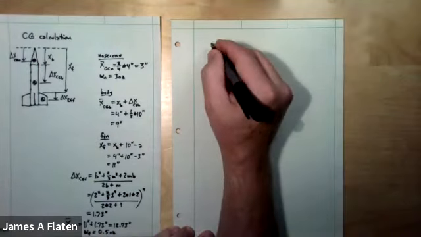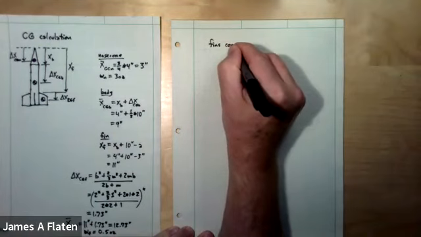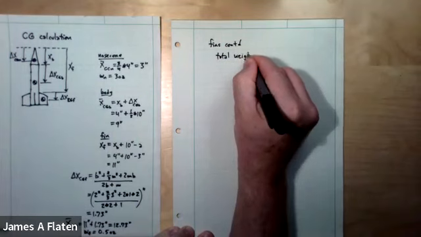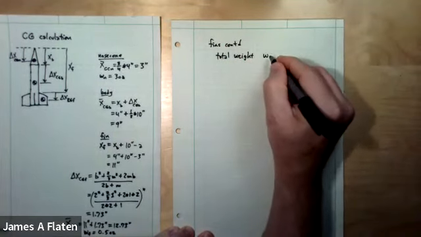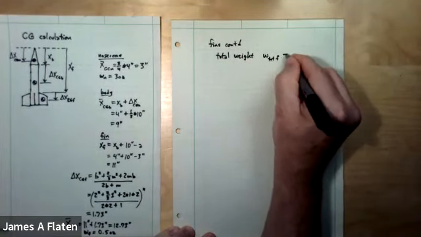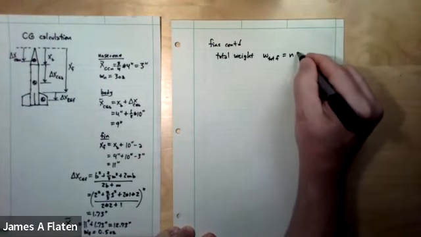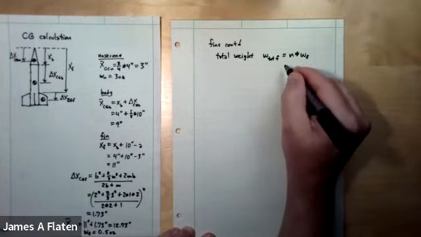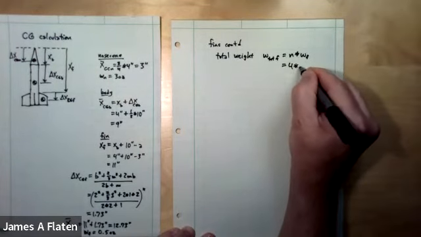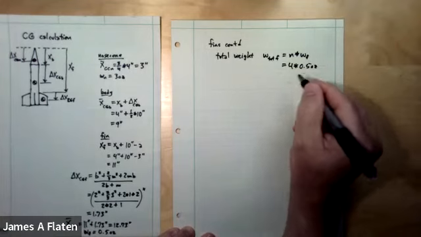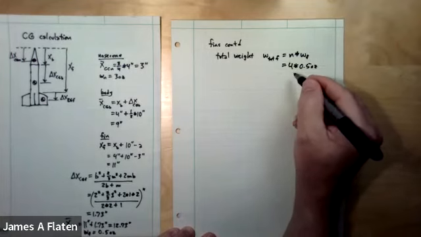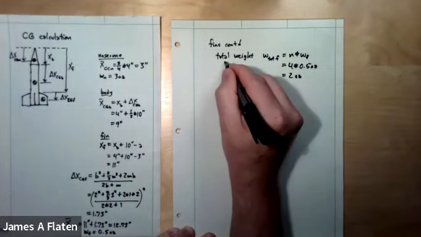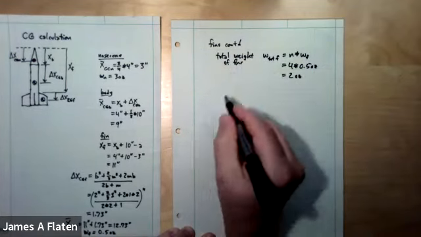The total weight, fins still. W total fin is n, the number of fins, times W for one fin. So that is 4 fins times 0.5 ounces for each fin, which is 2 ounces. So that's the total weight of fins.